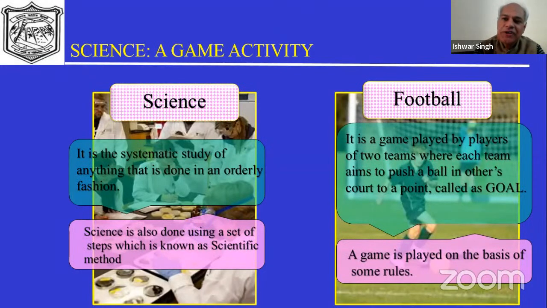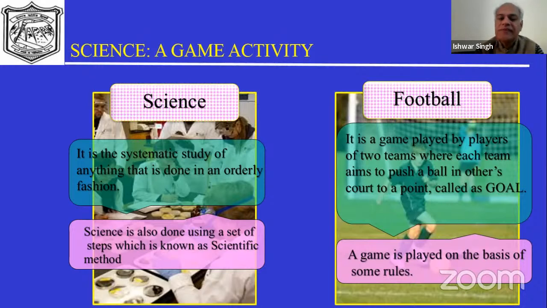What we can do at most is make our students more and more familiar with the rules, so that they can play this activity in a better way. They become better players. If you know the rules better about any game, you will be a better player.